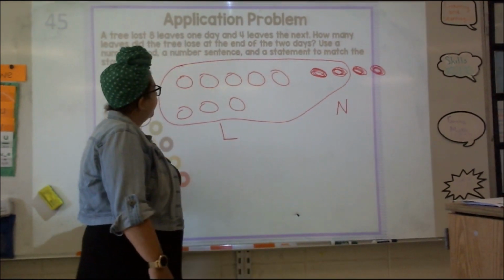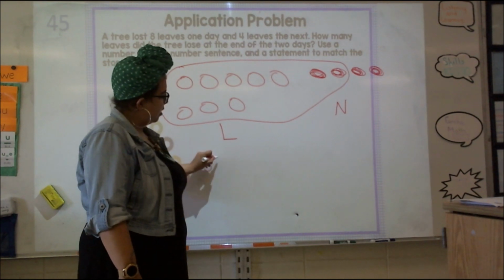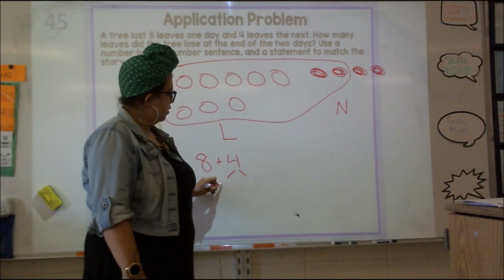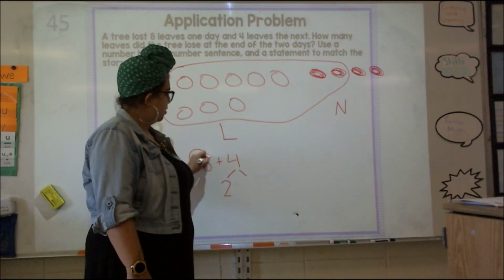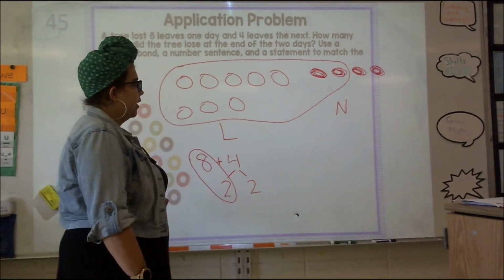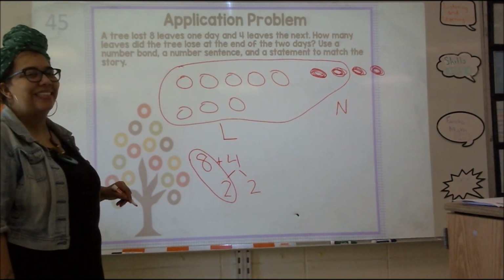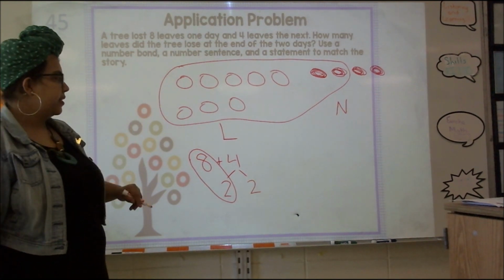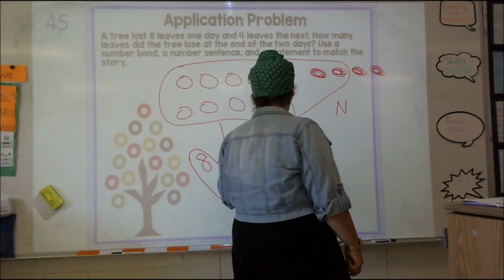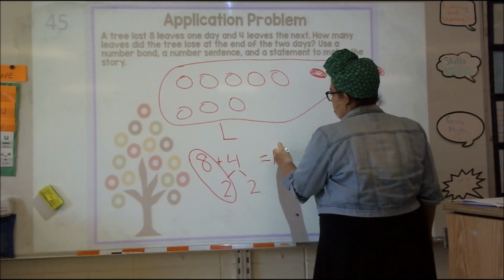That means we saw 8 plus 4. We broke apart the 4 so we could say 8 plus 2 is 10, and we have 2 more leaves that we need to count. So 10 and 2, the answer, the whole, is 12.